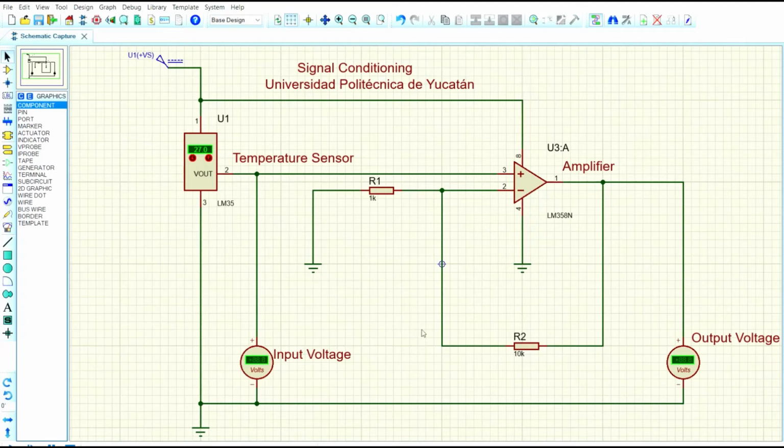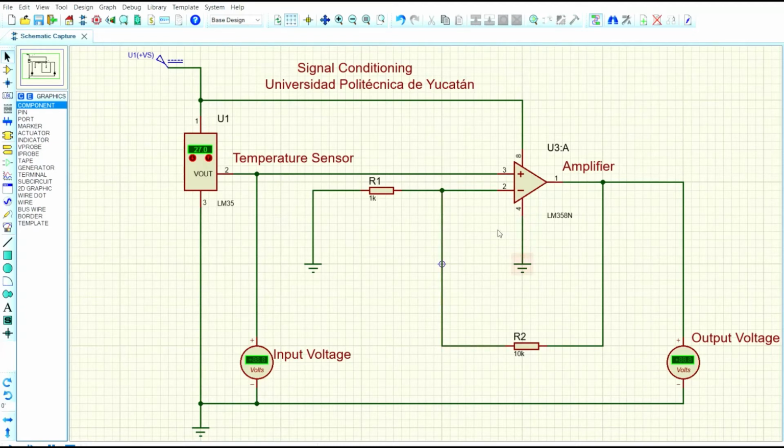This will show us how the output of the temperature sensor changes after the amplification, for instance how much it has increased.